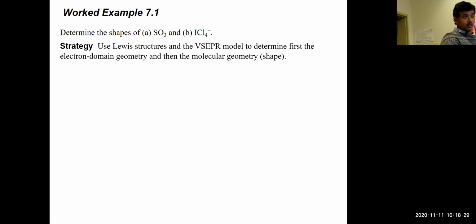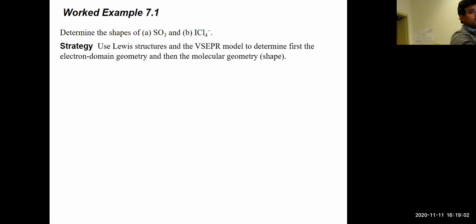So SO3, according to the rules, you need to first check how many valence electrons there are. There are 1 sulfur and 3 oxygens. All of them are from group 6, so each one has 6 valence electrons. There are 4 atoms, so a total of 24 electrons. Between sulfur and oxygen, I want to choose sulfur as my central atom because the sulfur atom is larger compared to oxygen, and the sulfur atom can save the day by using its 3d orbitals if needed.